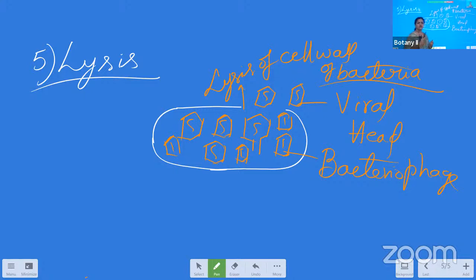TMV shape is the rod-shaped viral organism and the genetic material is single-stranded RNA. Like this only. What is the ghost? Ghost is the empty viral organism which is present on the bacteria during the lytic cycle. That's it. These 3 questions only we can expect from the virus.